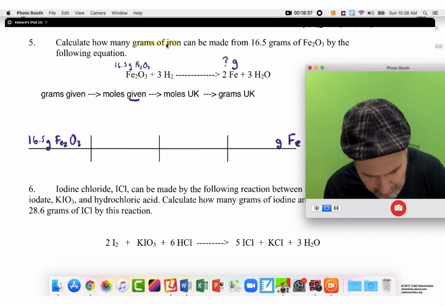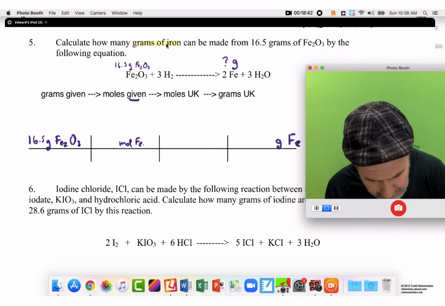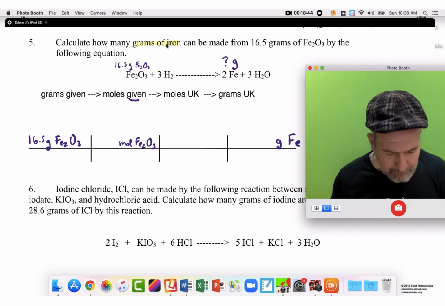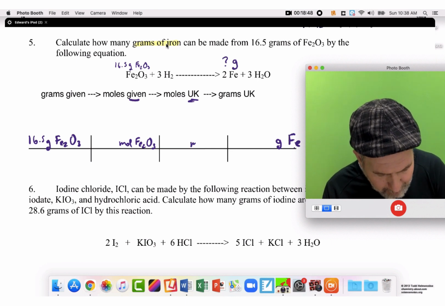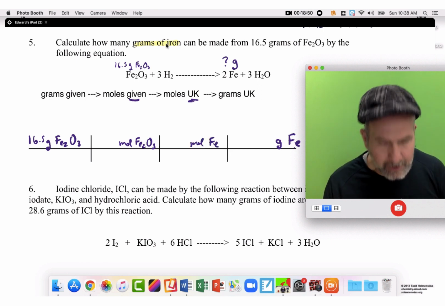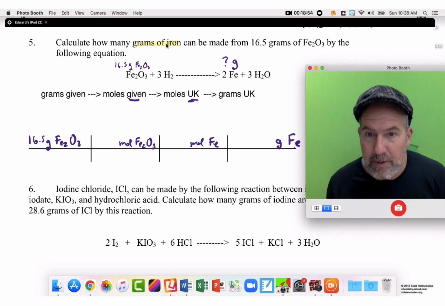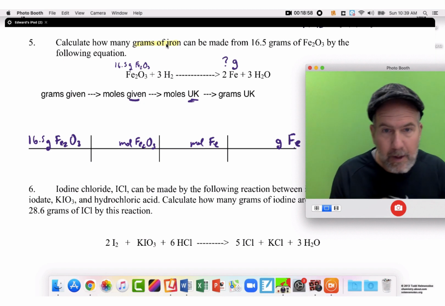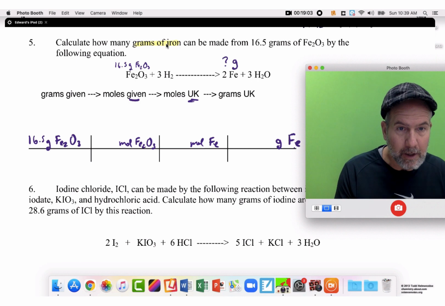So our moles of given, we're trying to find moles of Fe2O3. Our moles of unknown, our unknown was Fe, so moles of Fe. There's our pattern. Grams of Fe2O3, moles of Fe2O3. Notice they're the same because they're both the given. Moles of Fe, unknown. Grams Fe, unknown.